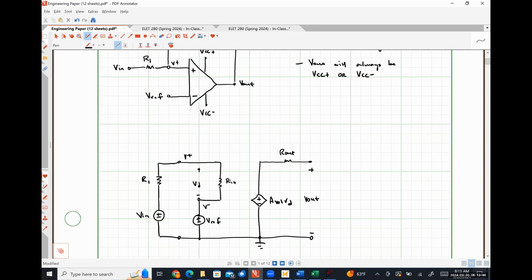And I have a resistor that is connecting my non-inverting input node to my output node. So we're going to put our feedback resistor up here. This is R2.